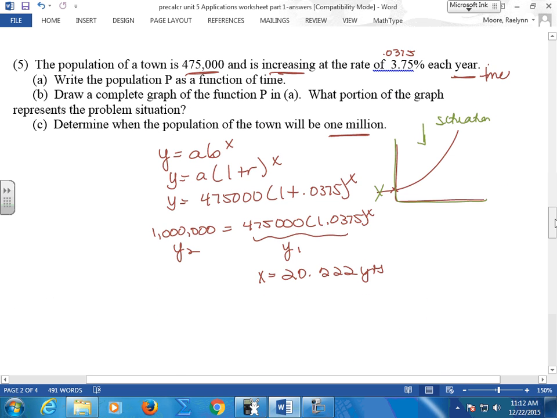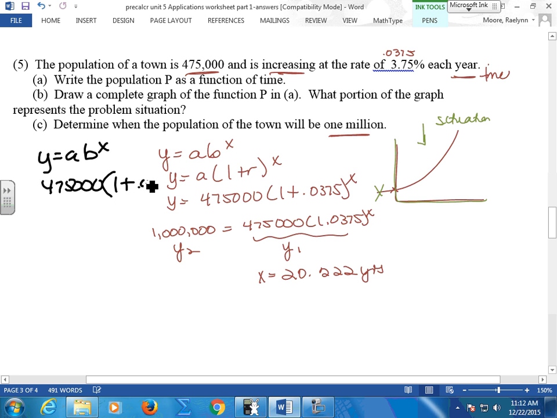Okay? This is very similar to your other population, except now this is a happy town because it's increasing. So when I start like this, I start with my population. I'm increasing, I'm not doubling, I'm not tripling, I'm just increasing 1 plus my rate.